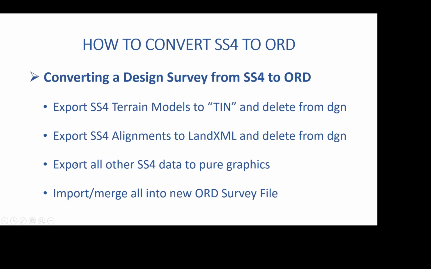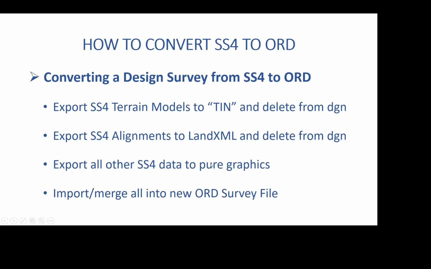Okay, from the SURVRD. Then you want to export all the other SS4 data into pure graphics, and what that means is that you go to your field book, and even if you have multiple field books, you don't have to choose them all. You just choose any one of them. As long as they're visualized on the screen, this is going to work. So just choose one of the field books, right click, and say export to DGN graphics. If you do that, it will turn the entire file.